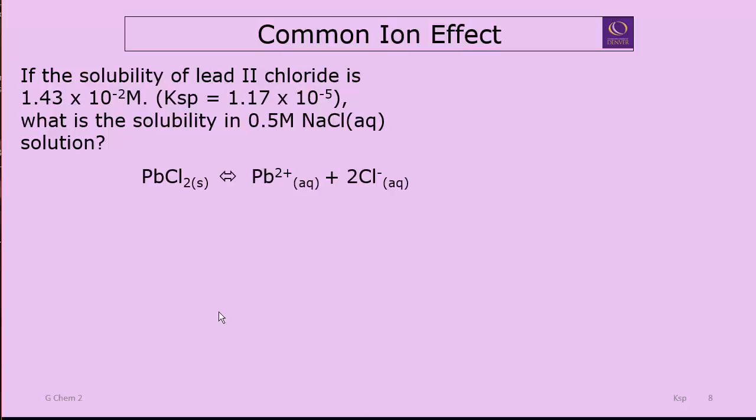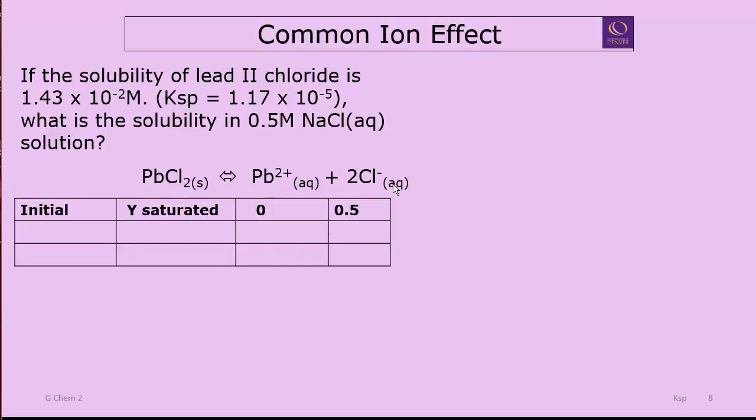So you can look at the equilibrium and see that by already having chloride ions present, you actually have a common ion that's already in the reaction. So when you set up your table, it's going to change a little bit in your initial conditions. This is saturated, this is 0, but now you add the common ion in already in the initial condition.